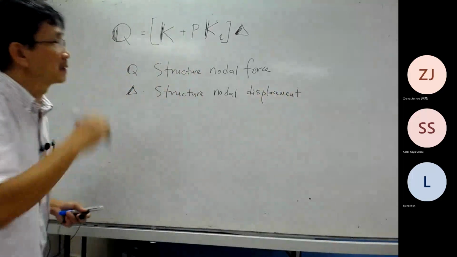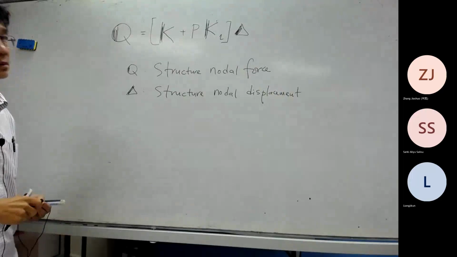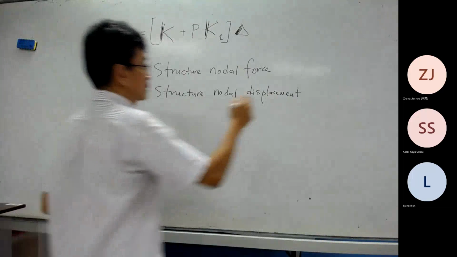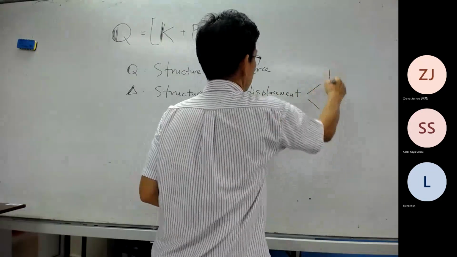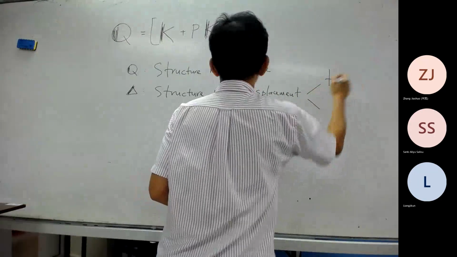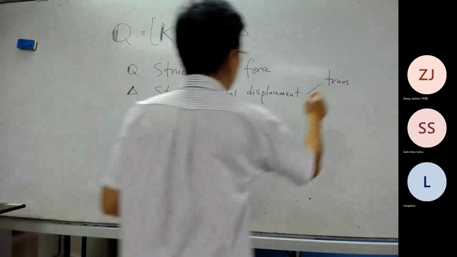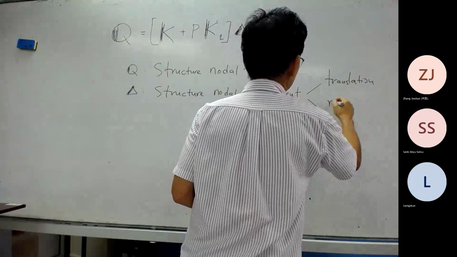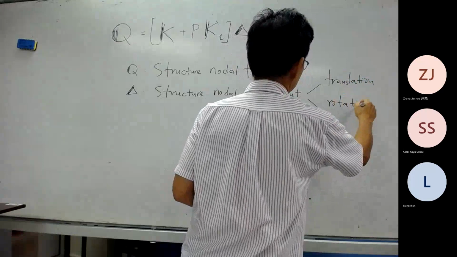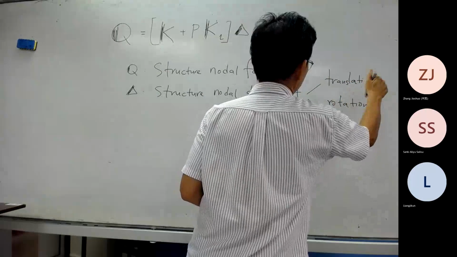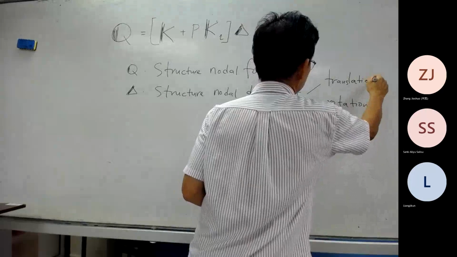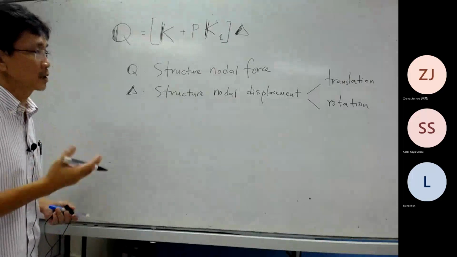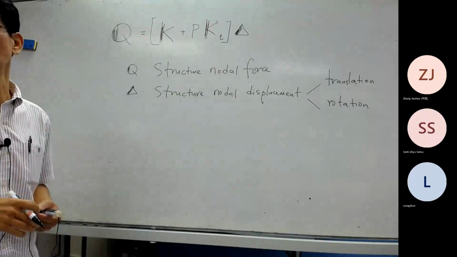So displacement at structure level, you can have translation and rotation, two types. Depending on the problem given to you, translation might be zero, rotation might be non-zero.